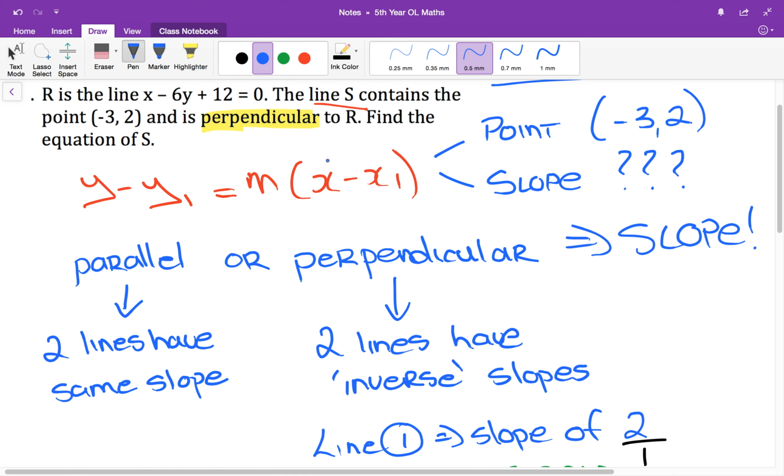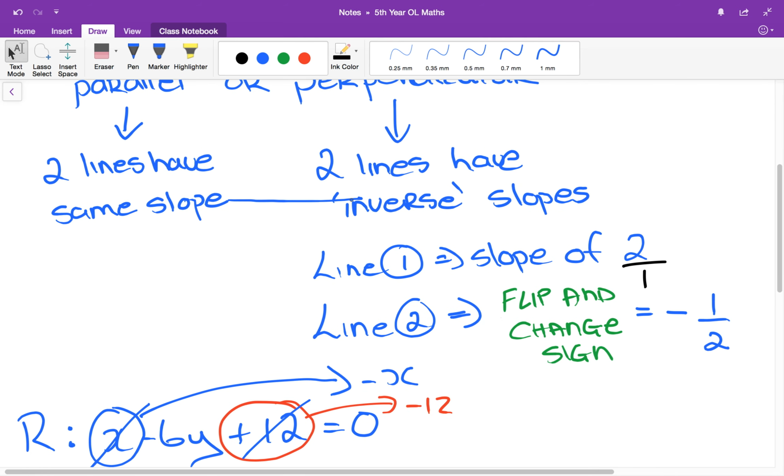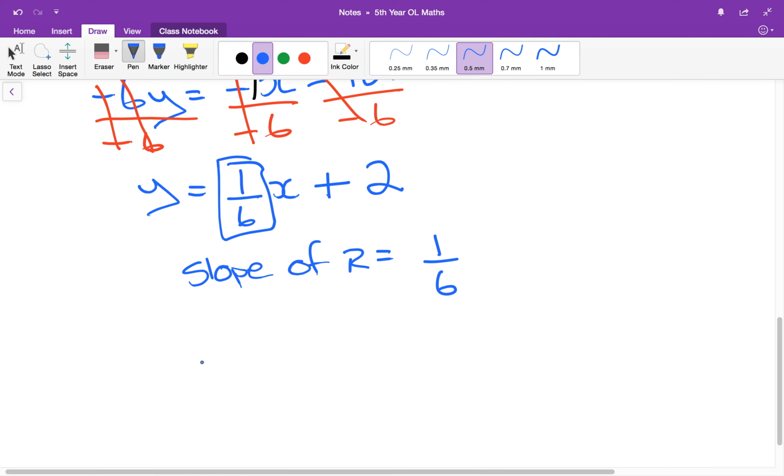And we know that our line S is perpendicular to OR, which means we have to flip and change sign. So the slope of S is take your 1 over 6 and make it a 6 over 1. And this was a plus, so this is a minus. So the slope of S is minus 6.